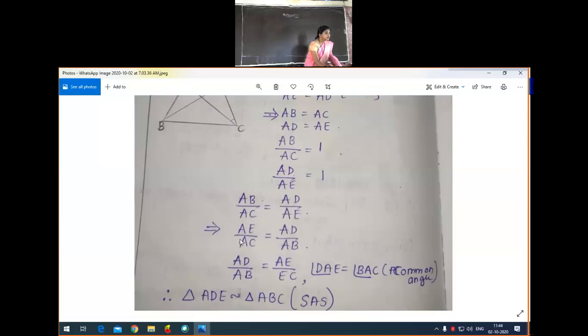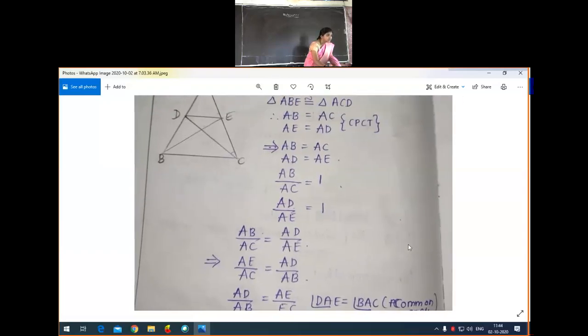So here we got the result as AE by AC, which is equal to AD by AB. That AD by AB is equal to AE by AC. How did we get this result actually? What are we observing in the diagram?